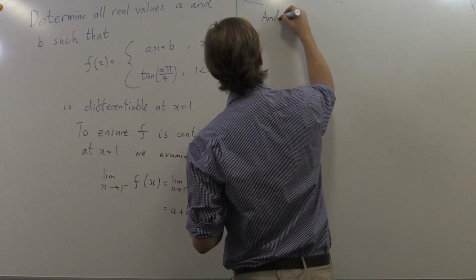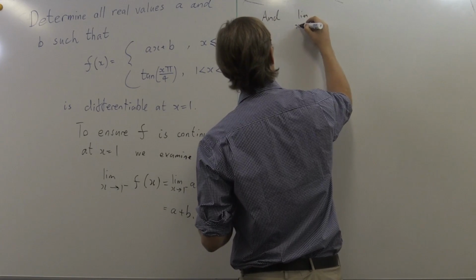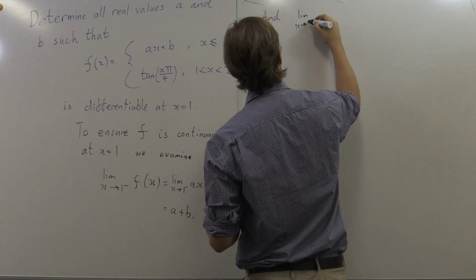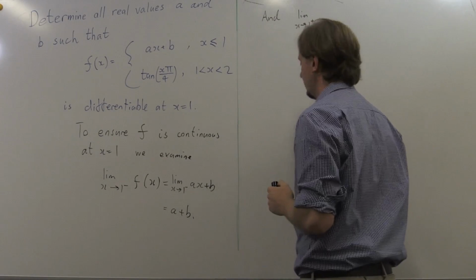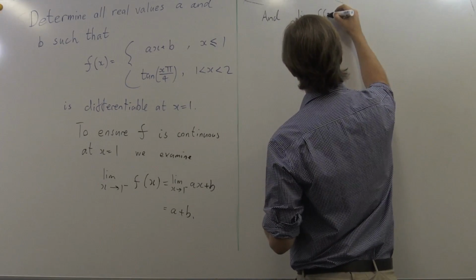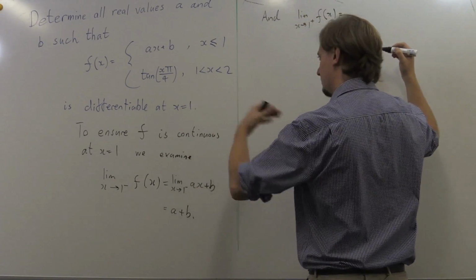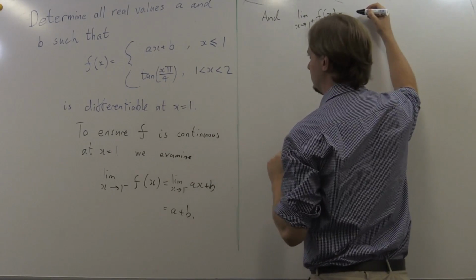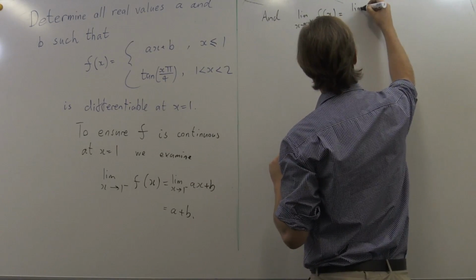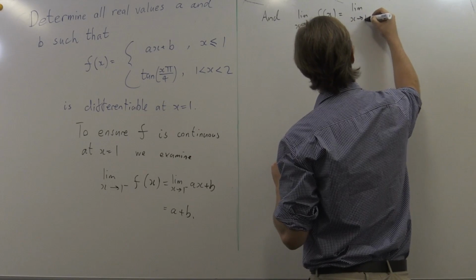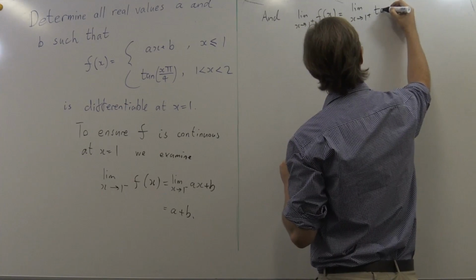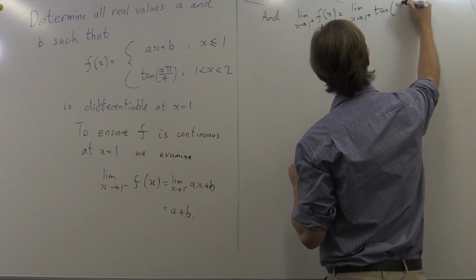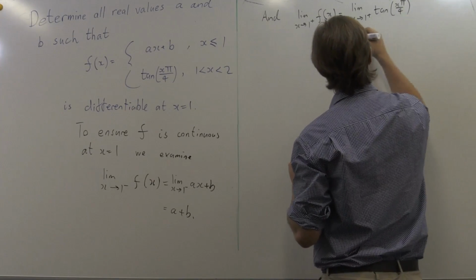And we'll also look at the limit as x approaches 1 from the right of f of x. If it's approaching from the right, it will look like this function, the tan of x pi over 4.